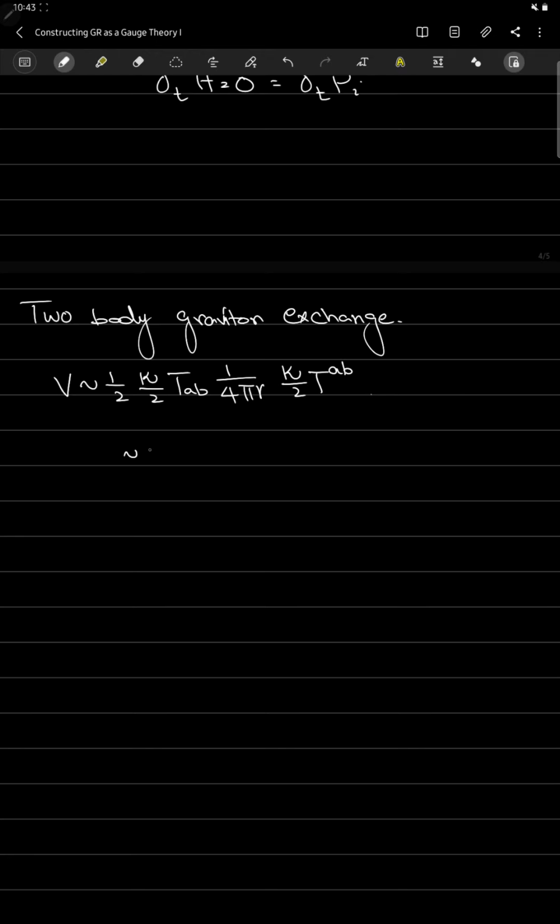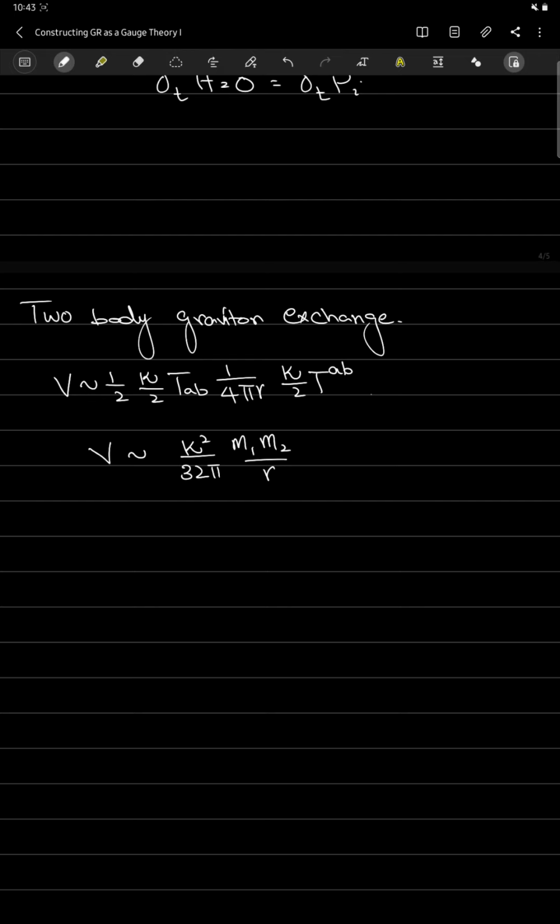If I simplify this, it becomes κ² over 32π times m1 m2 over r. Remember, this κ is just a constant telling you about the strength of the gravity coupling.